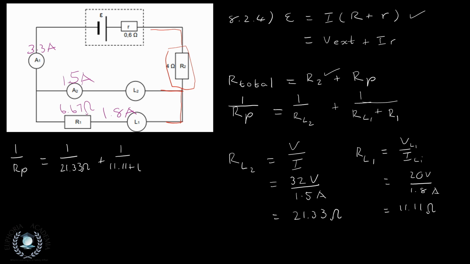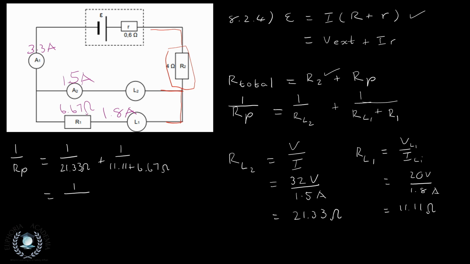That was 6.67 ohms, and we just have to put that all into a calculator. 1 over 21.33 plus 1 over 11.11 plus 6.67.